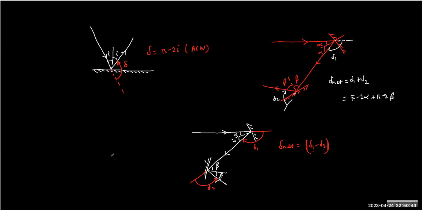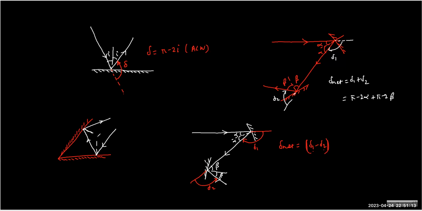So the definition is a very interesting concept. Let's say we have two mirrors. A ray of light is coming, hitting the first mirror, then getting reflected, hitting the second mirror, and then getting reflected back.